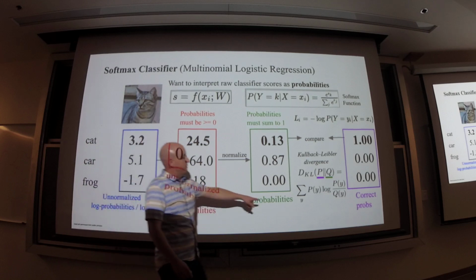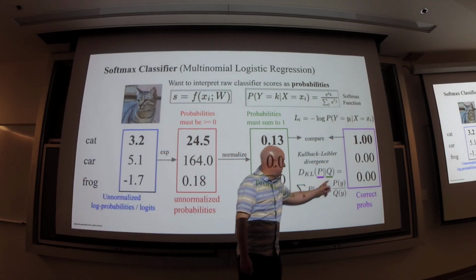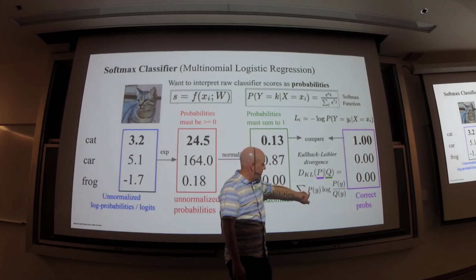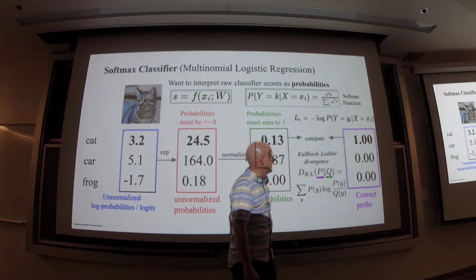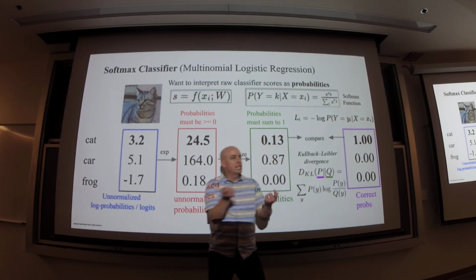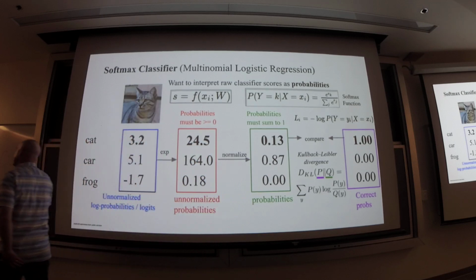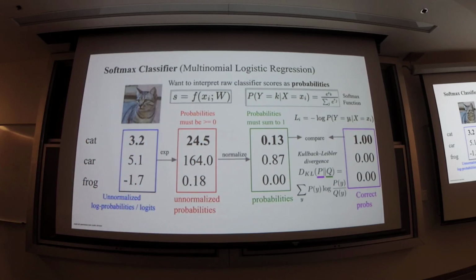In particular, it's not symmetric. You can see this is what the KL divergence looks like. It's this funny term of probability times a log of this quotient, and you can see that P and Q are not interchangeable here. So it's not symmetric, so that's why it's not a distance, but it's still very useful for measuring the difference between two distributions. And this is related to something called the cross entropy.